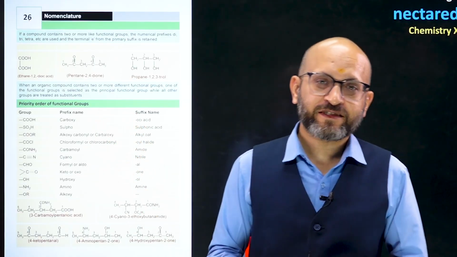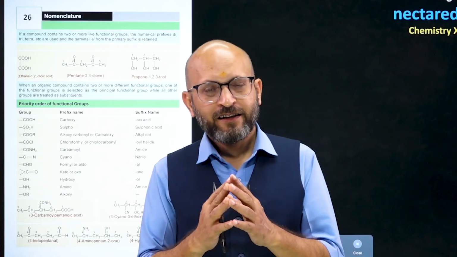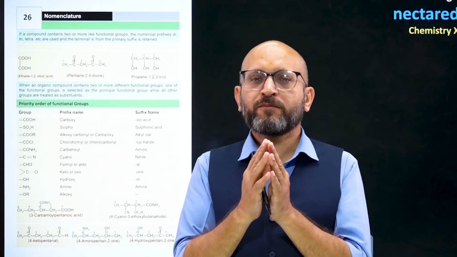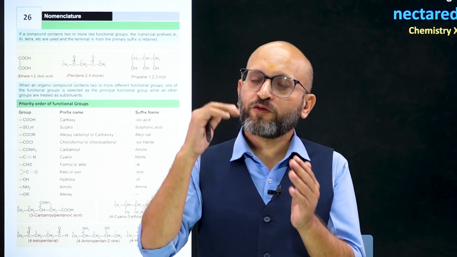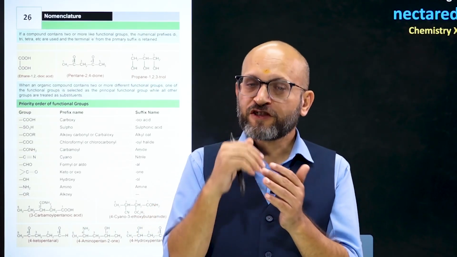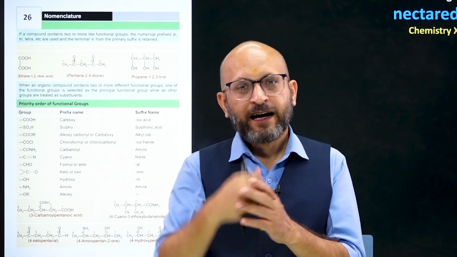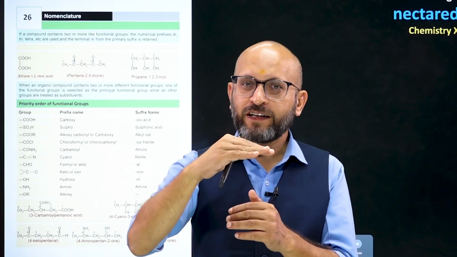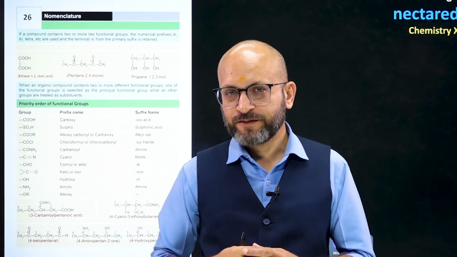When do we need prefix names? See, when only one functional group is present, then the suffix name of the functional group comes. If more than one functional group is present, then the functional group which has higher priority gives suffix, and the functional group which has lower priority gives prefix, because it becomes a side chain.